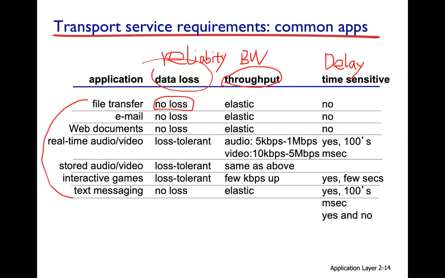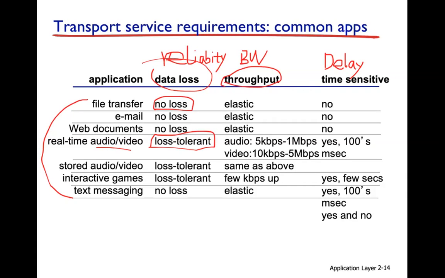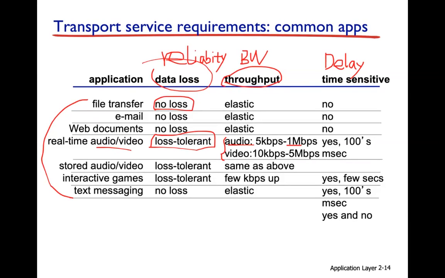But another thing is, for example, real-time audio and video, the reliability is not that high. So you can have some loss tolerance, but the bandwidth you should guarantee. For audio, around a maximum of 1 megabit per second. For video, the maximum is 5 megabit per second.